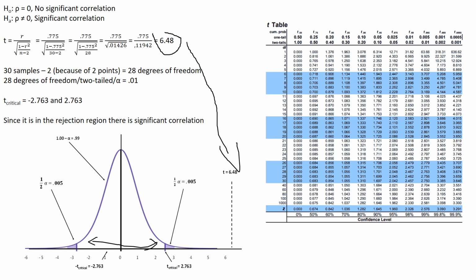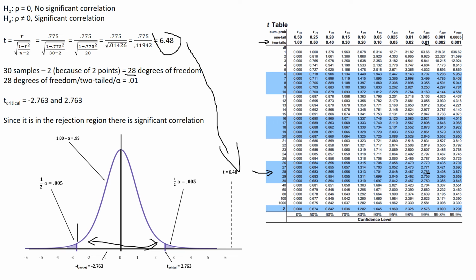And the t critical here, which is 30 samples minus 2, 28 degrees of freedom, two-tailed, at 0.01, here's two tails at 0.01, this would give us 2.763. So it'd be plus or minus 2.763.